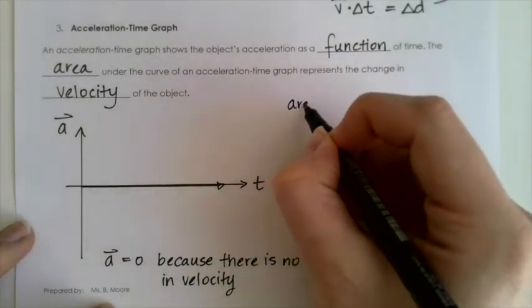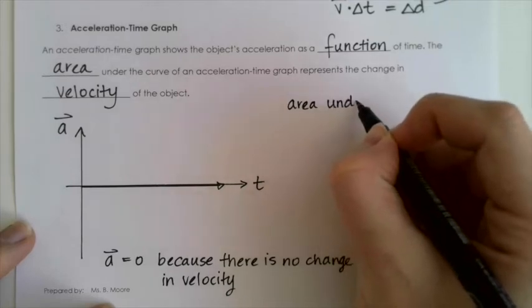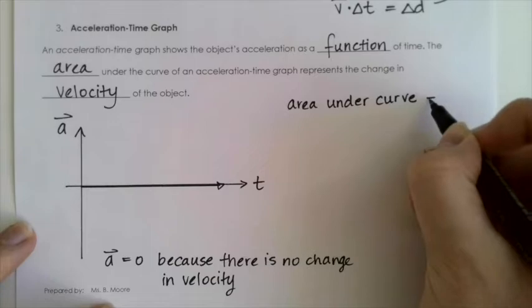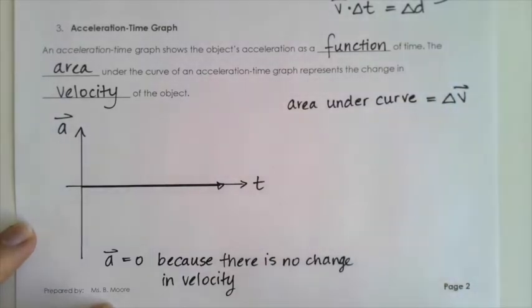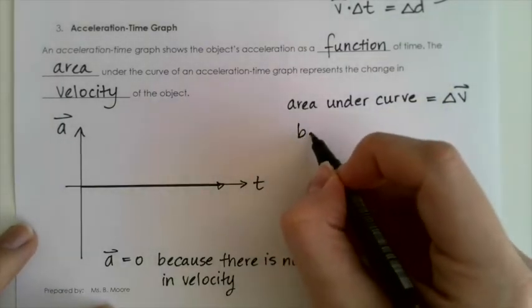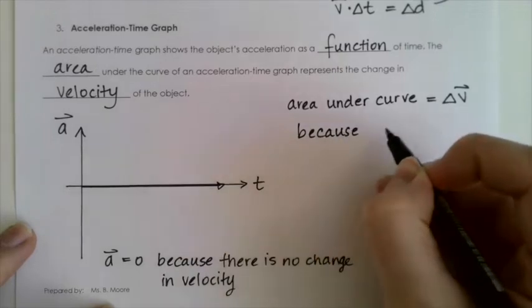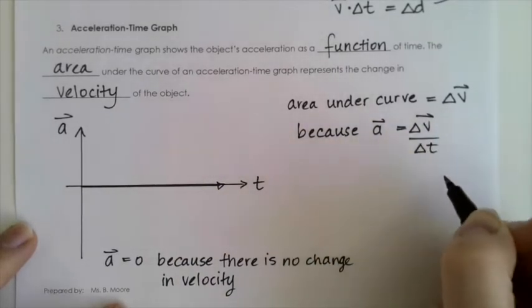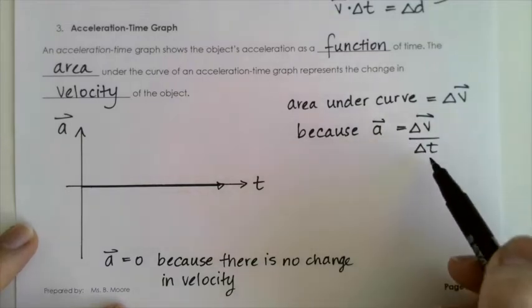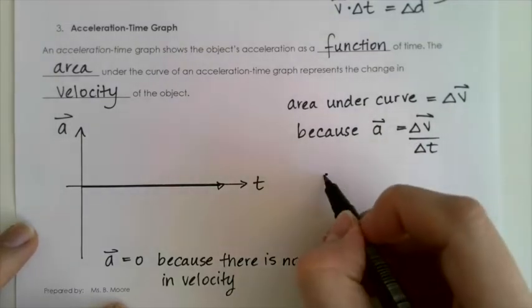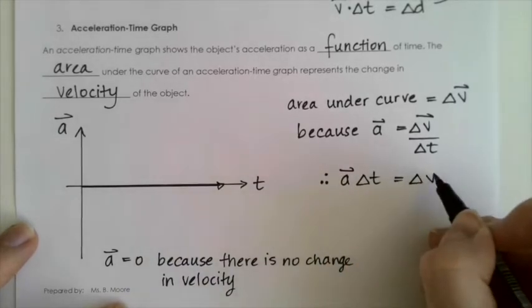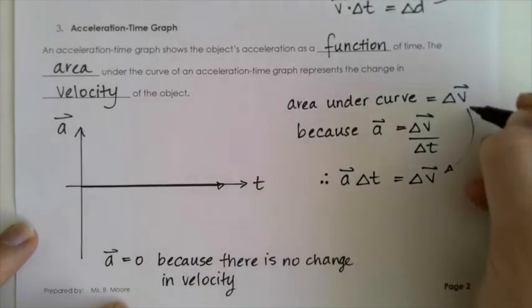The area under this curve represents the change in velocity, and this is because acceleration is defined as change in velocity per unit time. If you multiply each side of the equation by delta t, you will have a times delta t equals delta v.